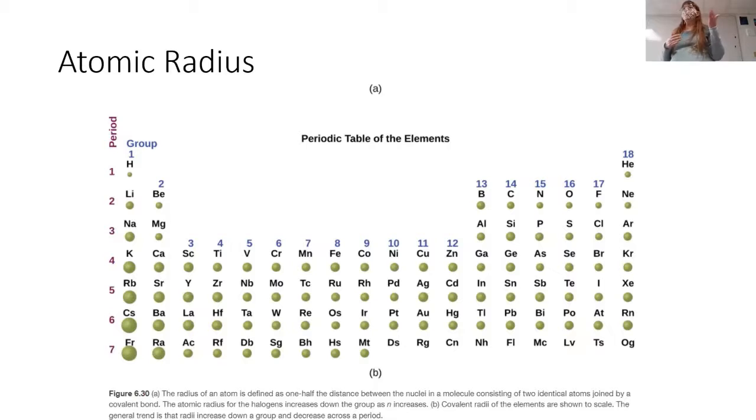So the biggest element in each group by far is the neutral alkali metal. If we looked at numbers for them, lithium is actually larger than iodine. So iodine is element 53.